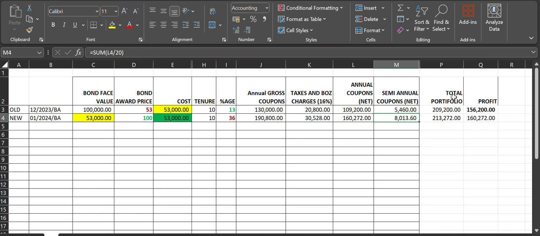Number two, the overall total portfolio, and the way I'm defining portfolio here is the total when you sum the bond face value and the total coupons. The total portfolio has to remain either constant when you compare with the old method, or in this new method it has to increase.